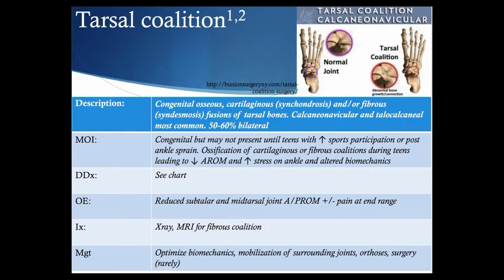And on exam, you certainly can find reduced subtalar or mid-tarsal joint active and passive range, sometimes with pain at that end range. 50 to 60% are bilateral, remember, and most commonly at the calcaneal-navicular and the talocalcaneal junctions. Most would be evident on X-ray if we're talking about a bony union rather than a fibrous coalition, and treatment is directed at optimizing biomechanics of the foot and ankle, as well as trying to mobilize and support the surrounding joints with or without orthoses.